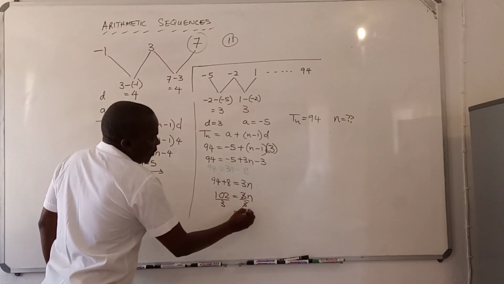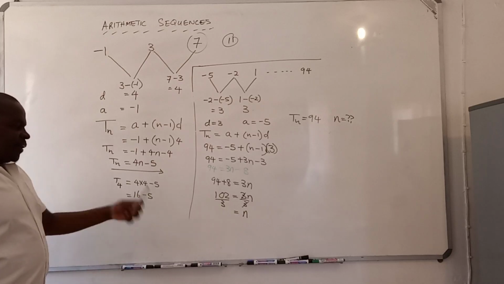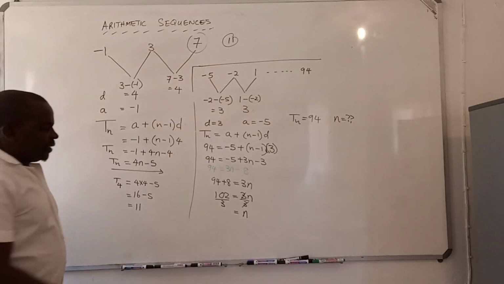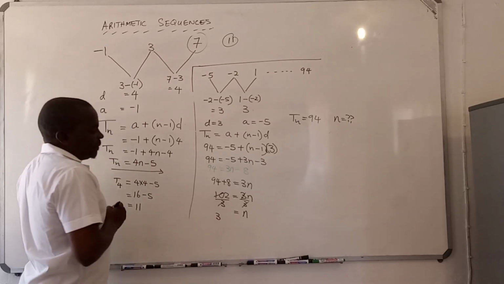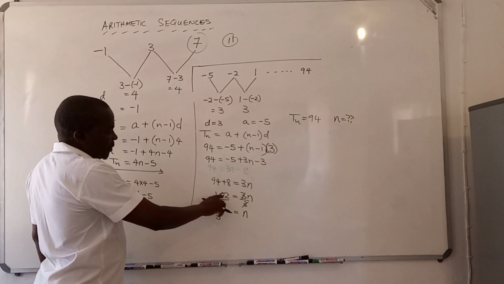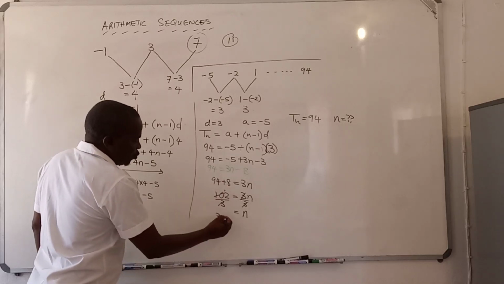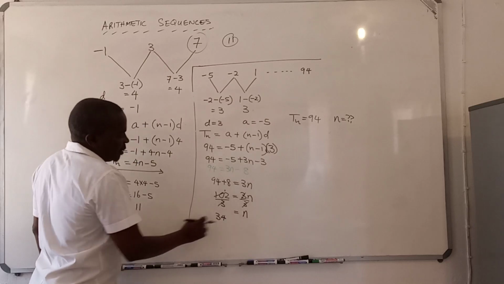Please don't stress yourself. If you have a calculator, just punch 102 divided by 3. So 3 into 10 there, it will go there 3 times. Remainder 1. 3 into 12 is 4. So our value of n is 34.